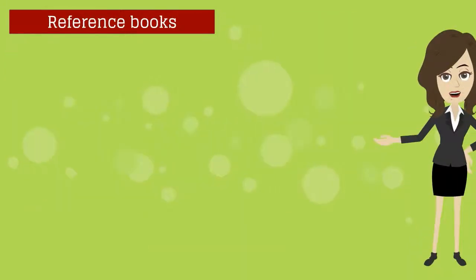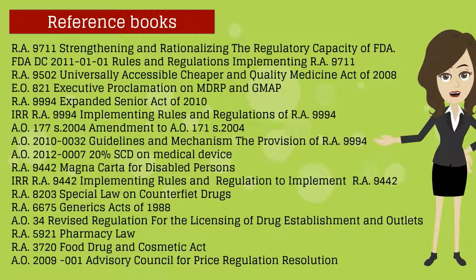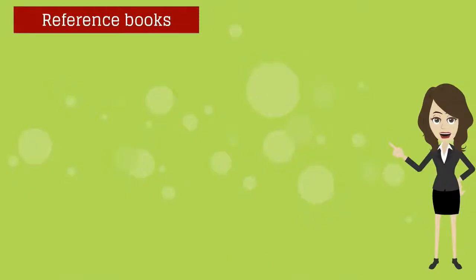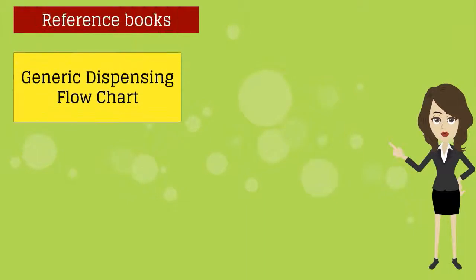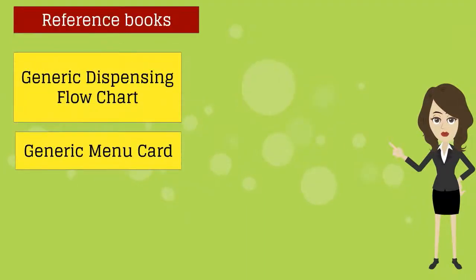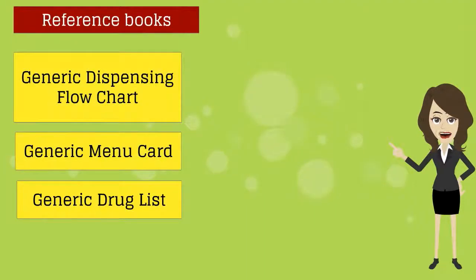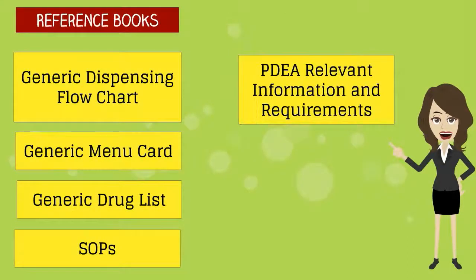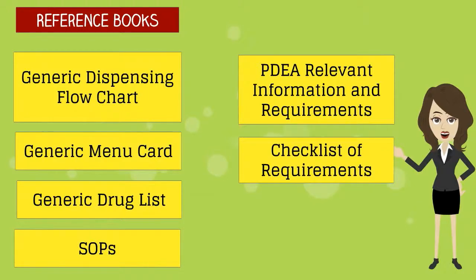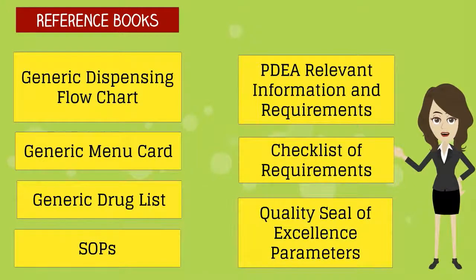Latest MIMS. In addition, these are the additional reference materials. Other contents in the Blue Book consist of the following: generic dispensing flow chart, menu card, drug list, SOPs, PDA relevant information, and requirements. Next is the checklist of requirements during routine inspection of outlets and quality seal of excellence parameters.